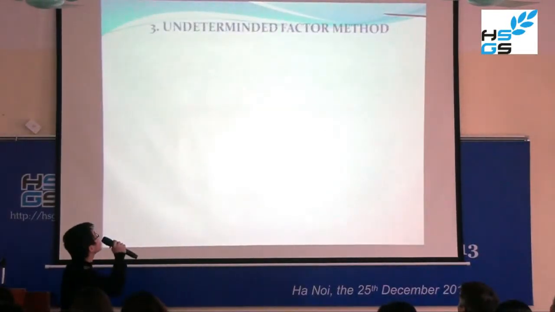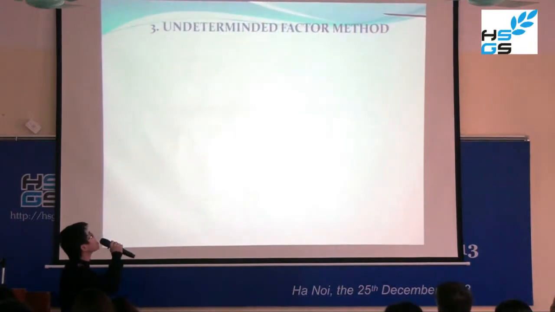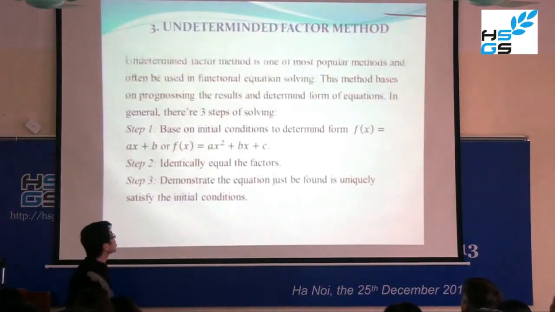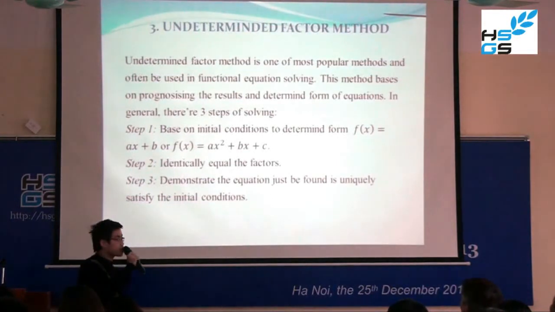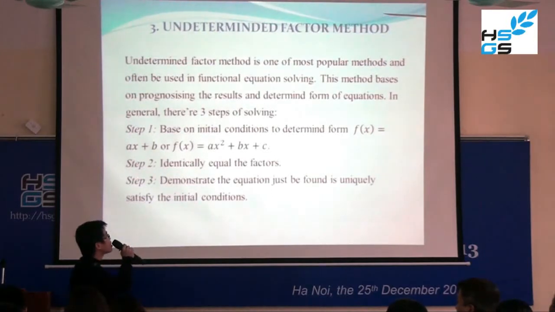And now we come to the next method. It is the undetermined factor method. I think that it is a useful method. We have to do 3 steps in this. Step 1, based on the initial conditions, determine the form of f(x).